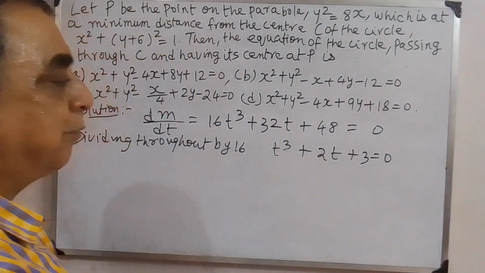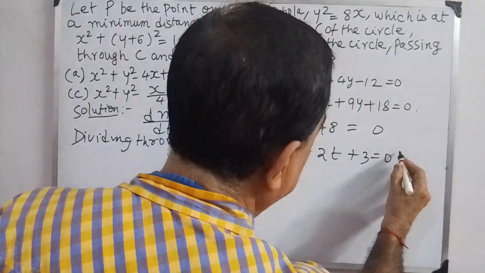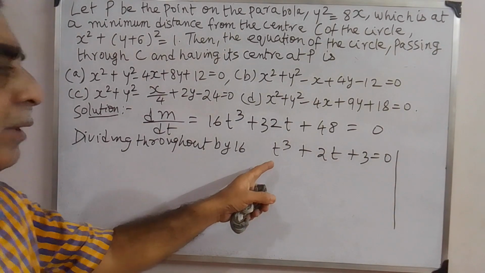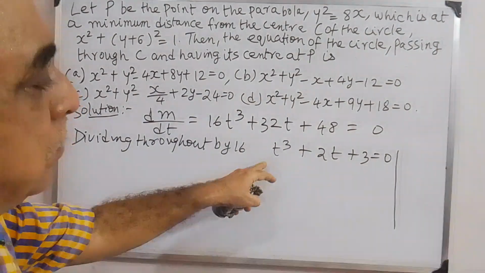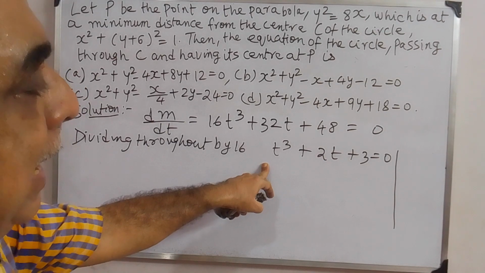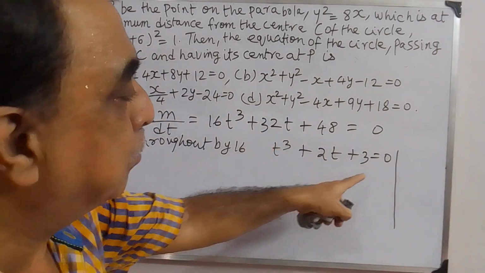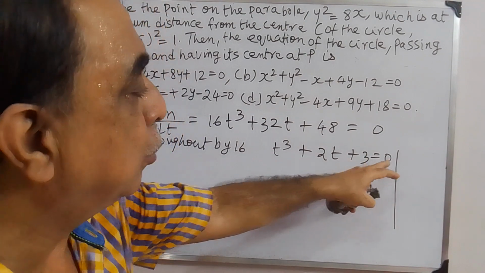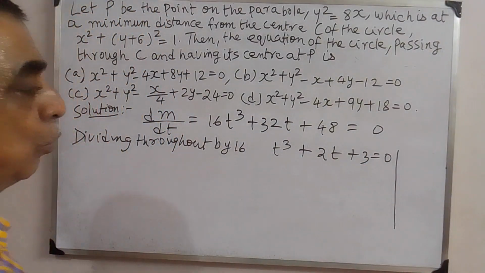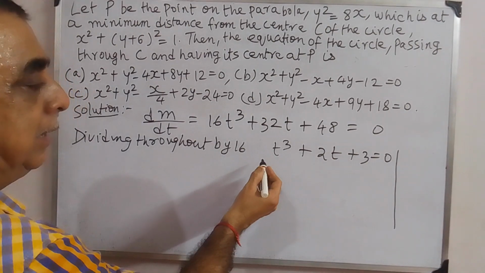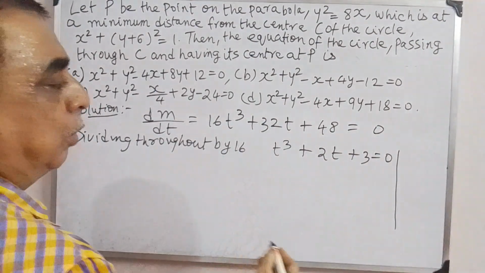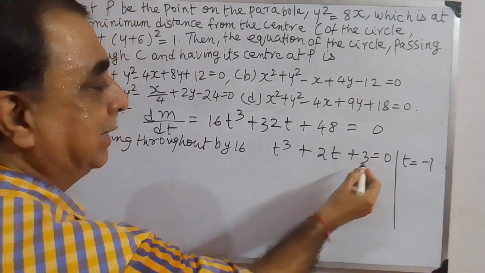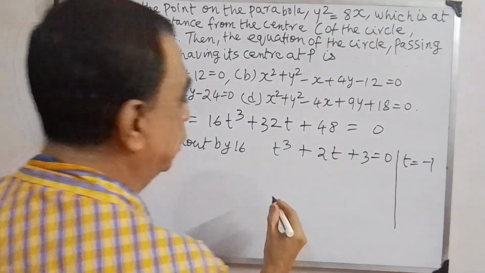Okay, now from here we will find the value of t by the vanishing method. We will try to put a value of t by trial and error, so that by putting the value of t and solving it, we should get 0. So we are noticing that if we put the value of t as minus 1, we are getting the left hand side equal to 0.